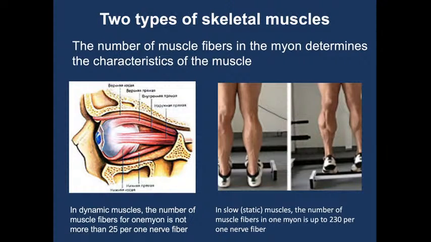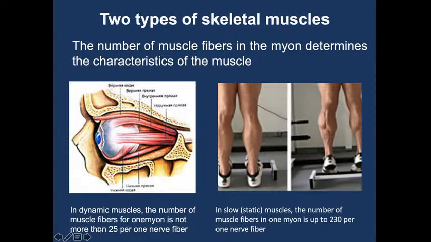We could distinguish two types of skeletal muscles, depending on the number of muscle fibers in one myon, in other words, how many muscle fibers are in one myon.